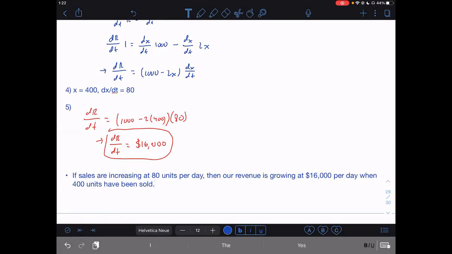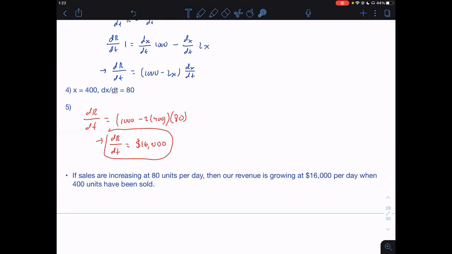We're assuming some constants here. We're assuming that if the amount of sales are increasing at 80 units per day, then if we sell 400 units, our revenue is going to grow by $16,000 per day.